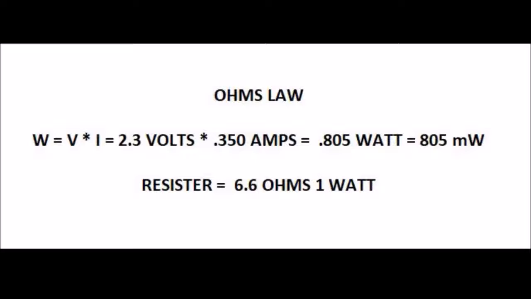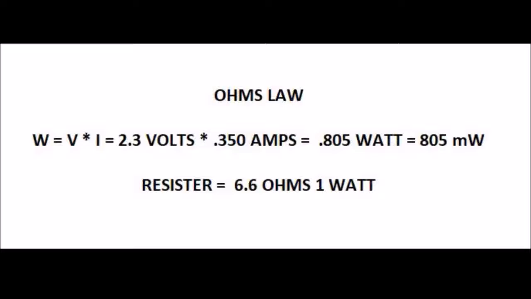Well, we know we need a 6.6 ohm resistor, but we need to work out the wattage of that resistor so that we don't burn it out. So watts equals volts times amps. 2.3 volts times 0.350 amps equals 0.805 watts, equals 805 milliwatts.